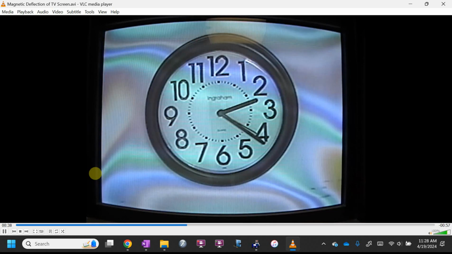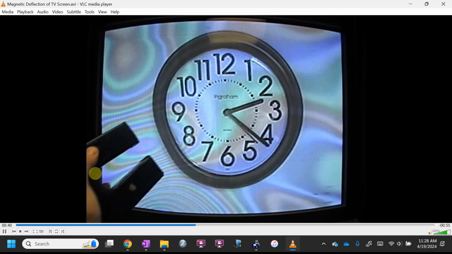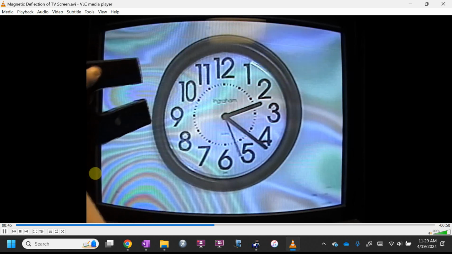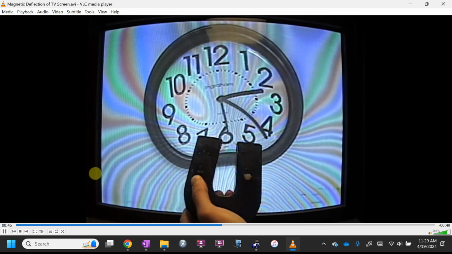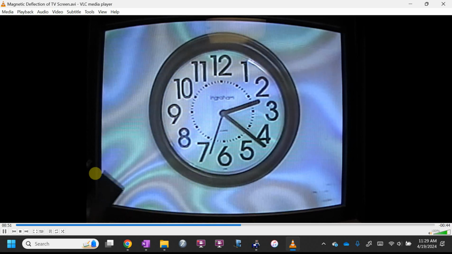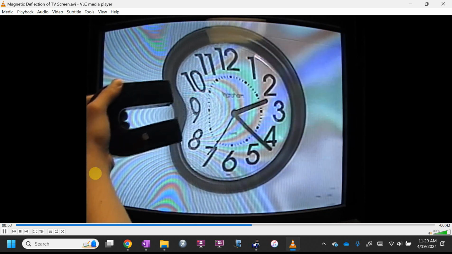Again, you'll get a similar effect with a flat screen, but you may damage the flat screen. I would not do this with a modern flat screen. But if you find an old cathode ray style at a garage sale for $5, there's all sorts of neat stuff you can do with them.